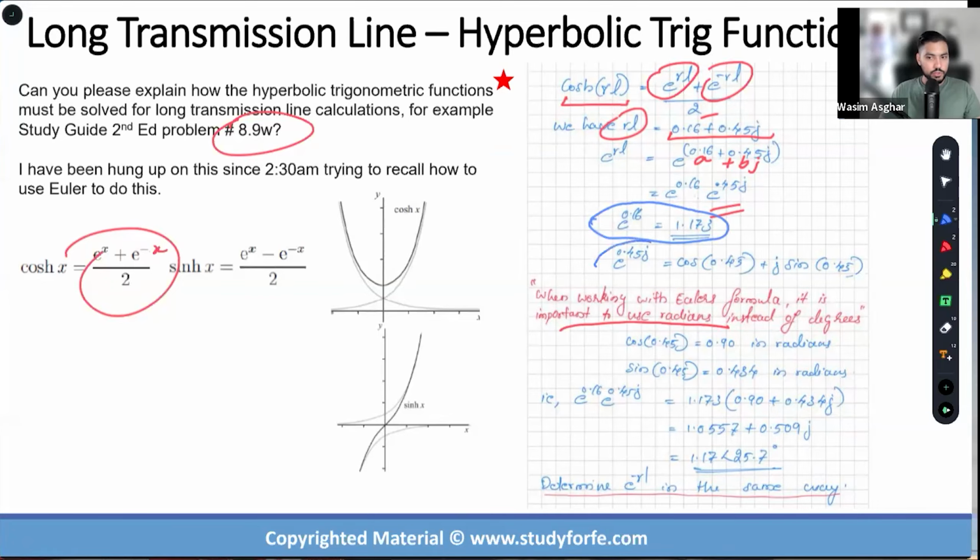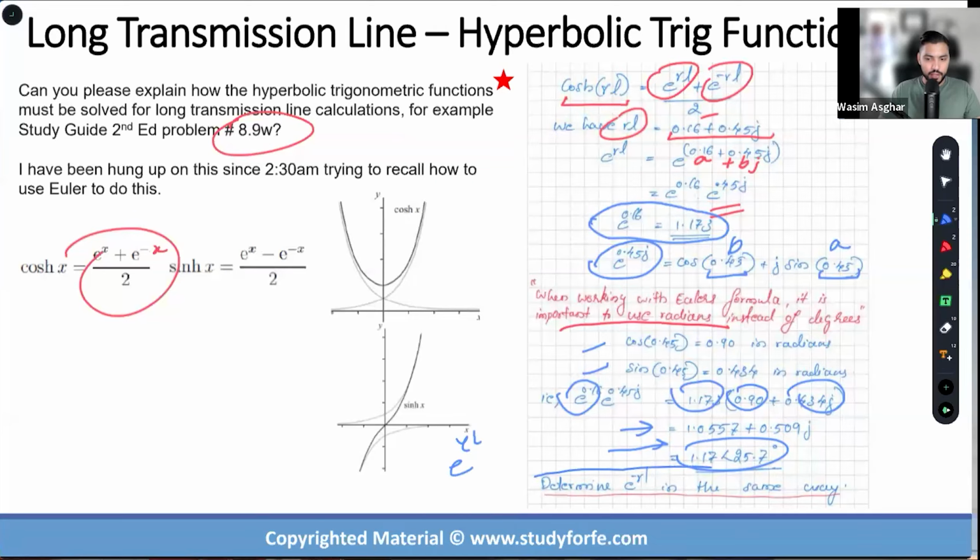And e to the power of 0.45j, notice that this is cosine B plus j times sine B. Cosine 0.45, sine 0.45. And then you can go about calculating these in radians. And then you have a constant 1.173 multiplied by this resulting factor, multiply it out. You have the rectangular form, then you have the polar form. And now you have actually determined e to the power of gamma L.